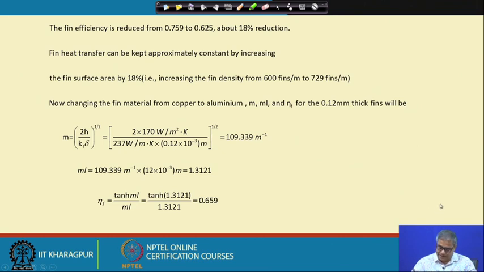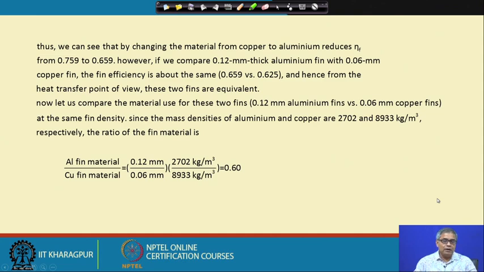It is expected. Then we would like to make a comparison. Copper is a costly material, and again it is a heavier material. So there is a tendency to replace copper fins by aluminum fins.